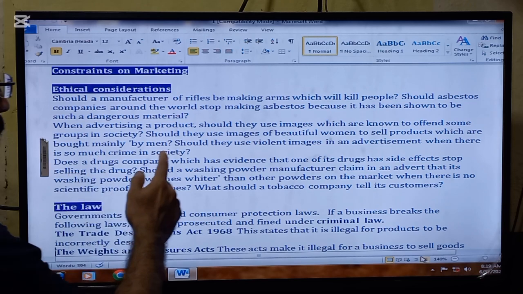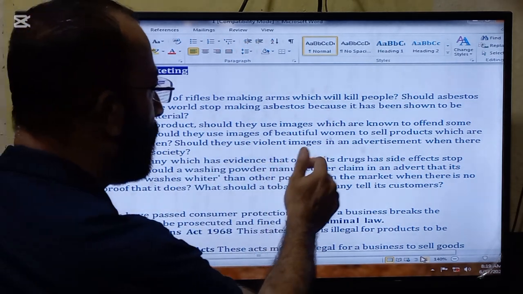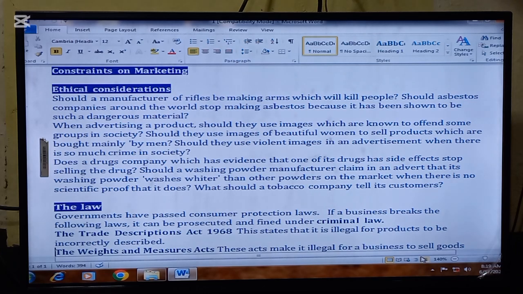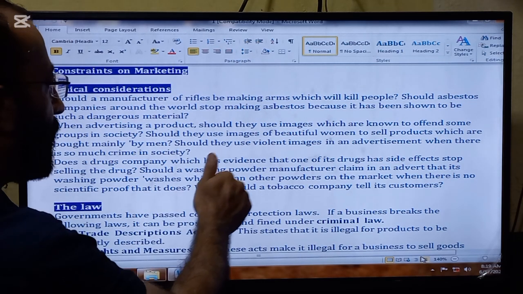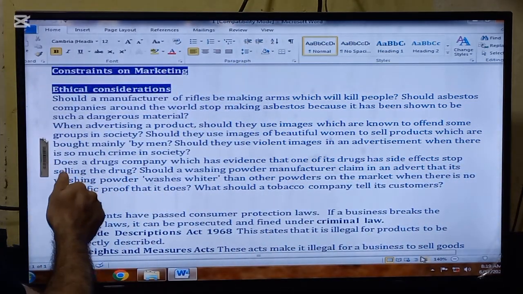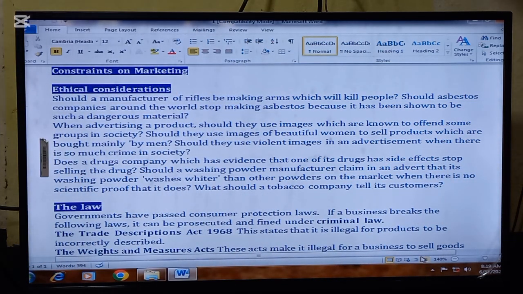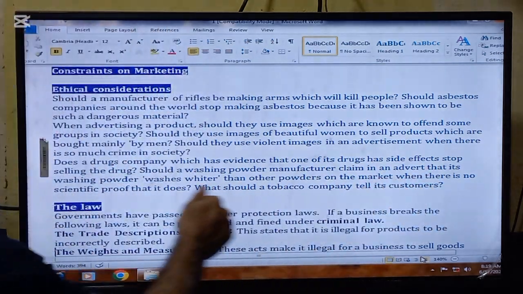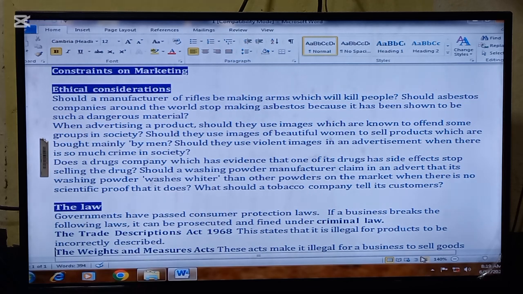When advertising a product, should they use images which are known to offend some groups in society? Should they use images of beautiful women to sell products which are bought mainly by men? Should they use violent images in an advertisement when there is so much crime in society?